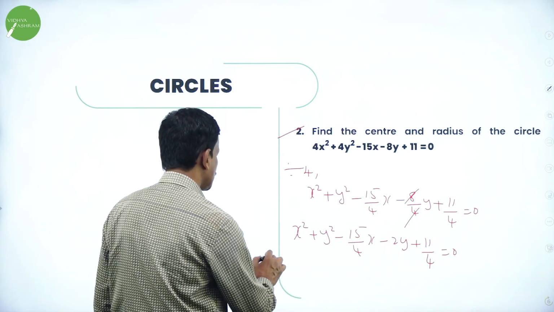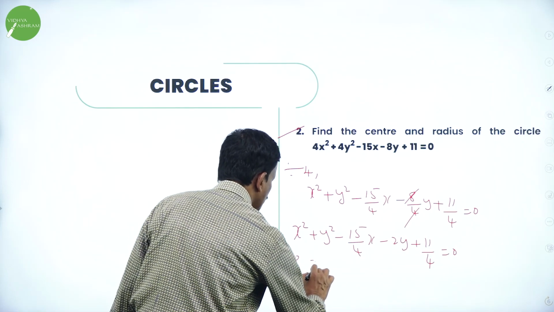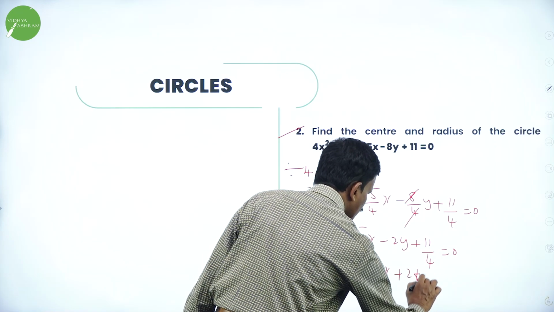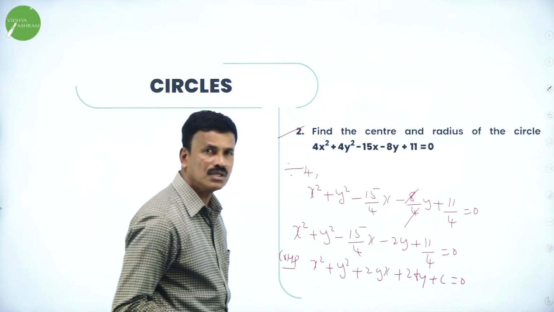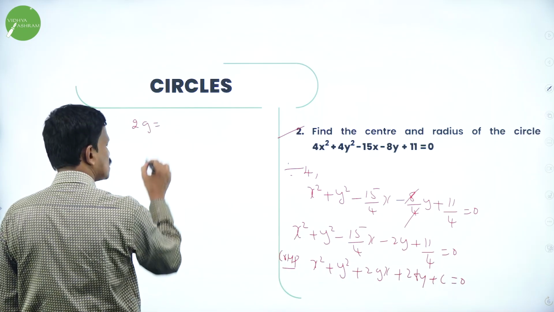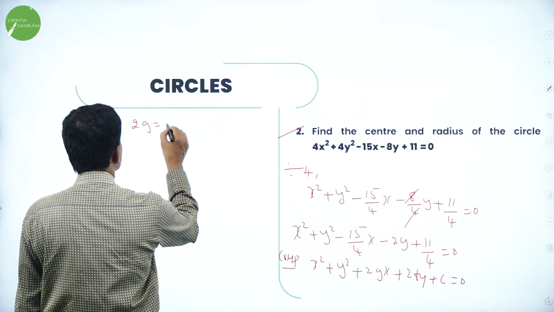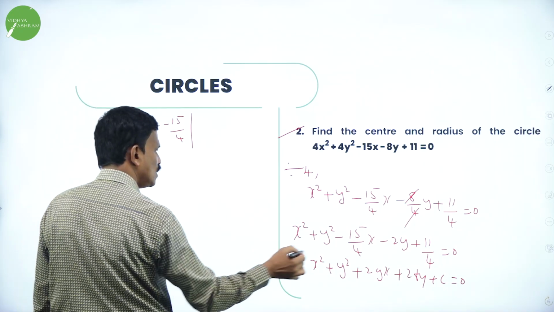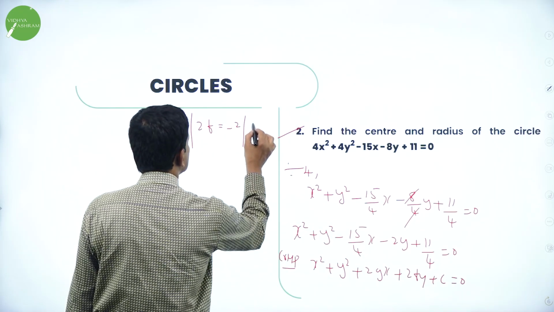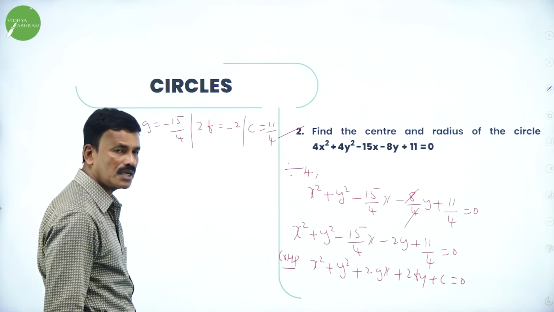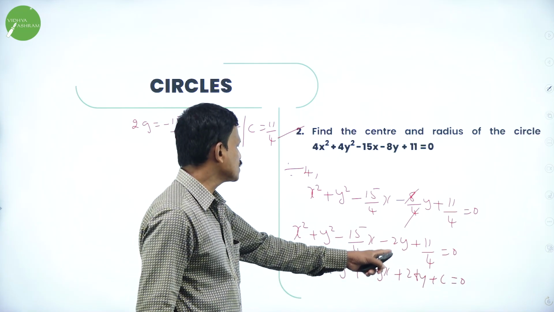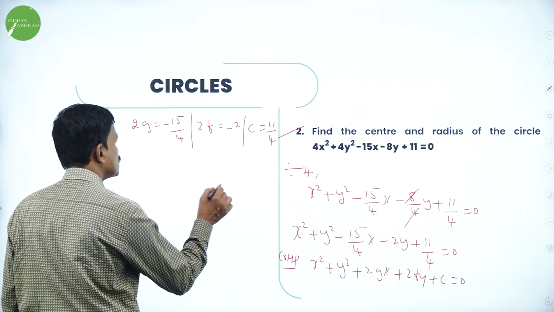Now comparing with the standard equation x square plus y square plus 2gx plus 2fy plus c is equal to 0, what are the values of g, f and c? Just equate. The coefficient of x is minus 15 by 4, that is 2g, the coefficient of y is 2f, which is minus 2 here, and c is the constant 11 by 4.